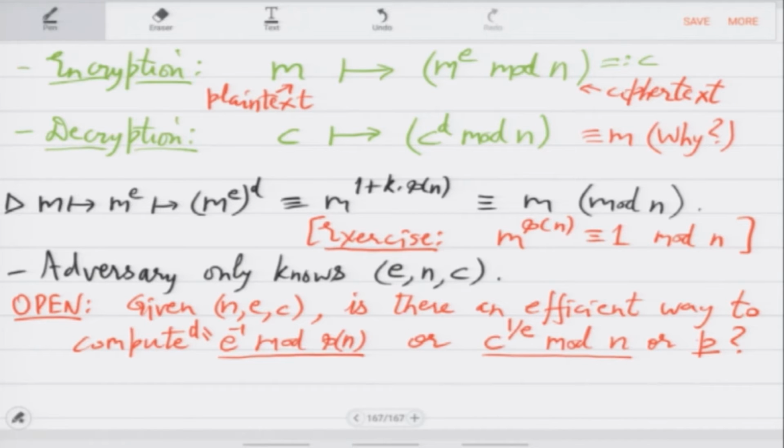So we can give names to these. This is called computing E inverse mod phi n, not this one, c raised to 1 by e mod n. This question is called the RSA problem. And this is the factoring n problem.